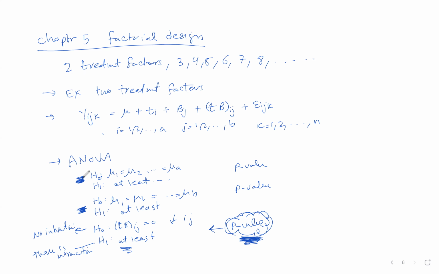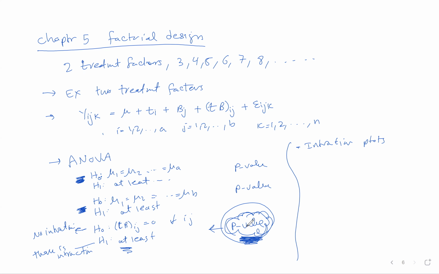If they interact, how do I know whether they interact or not? You can look at the interaction plot. But it's better to look at the p-value of the interaction. You can explore the interaction using the interaction plot.